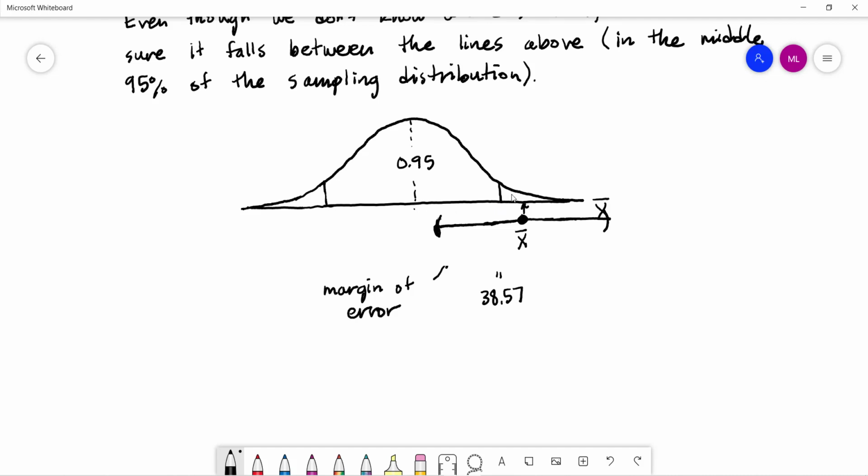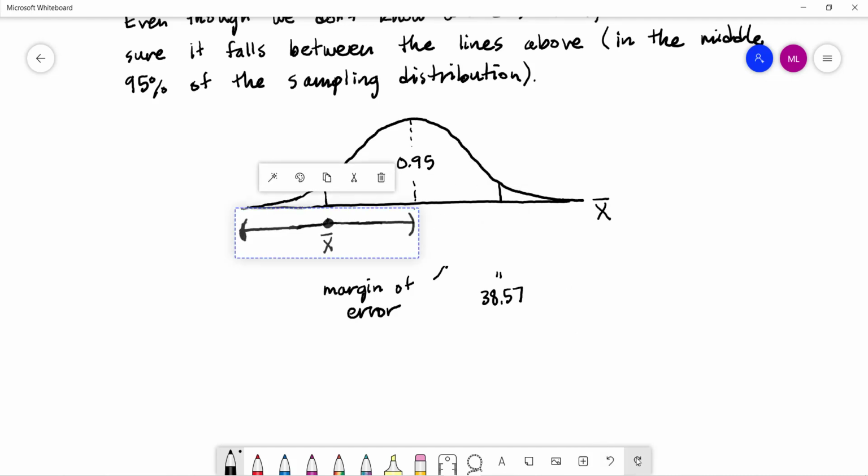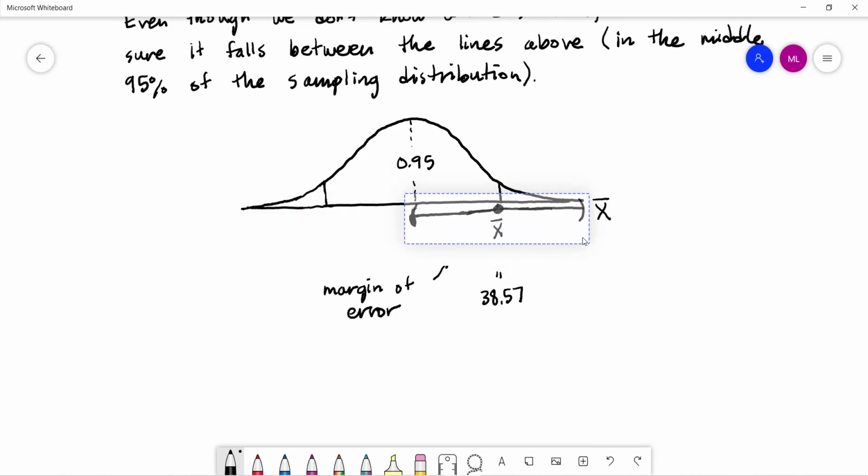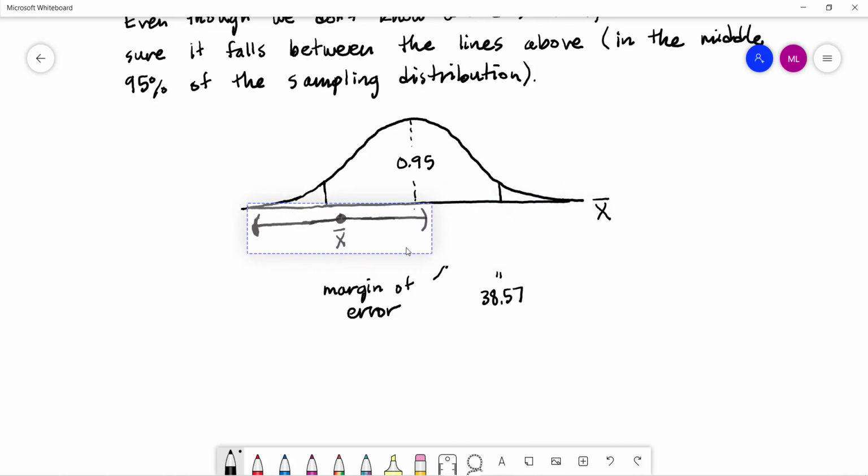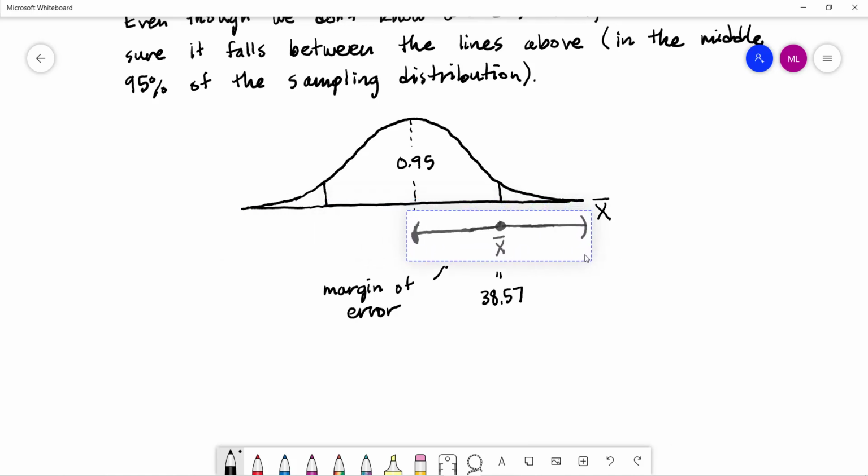Well, that'll only happen 5% of the time, because that's the amount of area that's in these two tails. The other 95% of the time, it's going to fall somewhere in this center region between the two vertical lines that I've got. And as long as it does, my interval is big enough to capture the true value of mu. This is the idea behind a confidence interval.